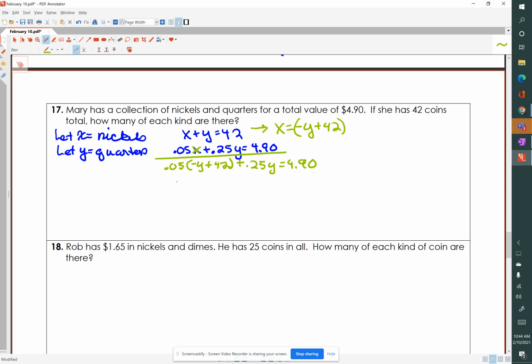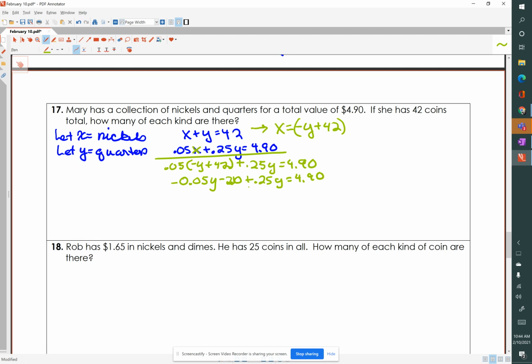And now we distribute. So negative 0.05y, and that would be minus 2.10 plus 2.10, I mean plus 0.25y equals $4.90.